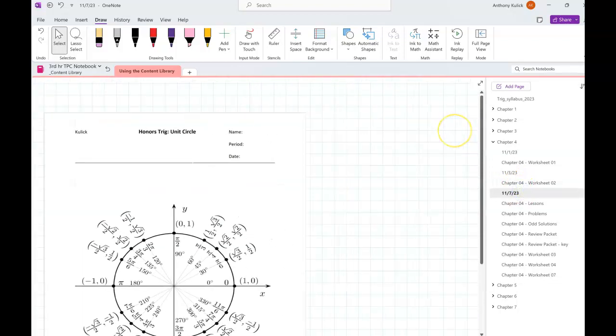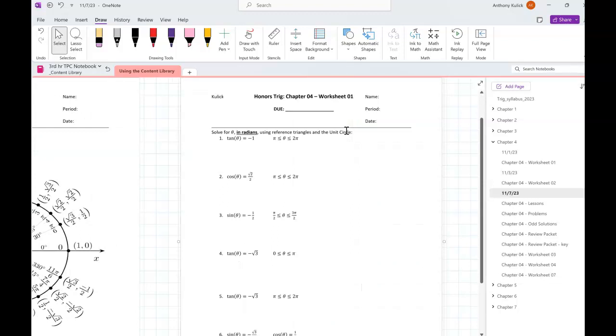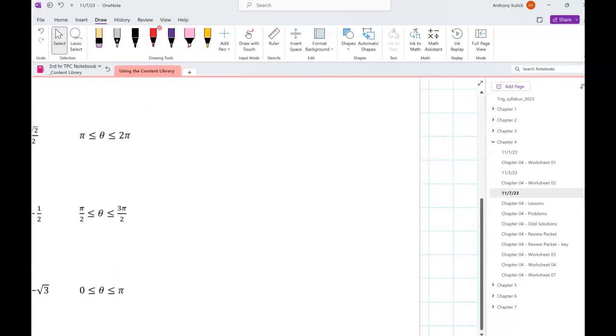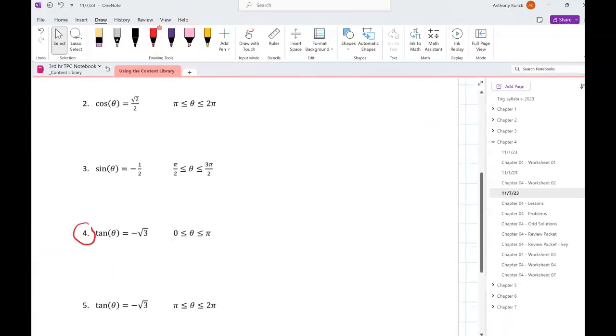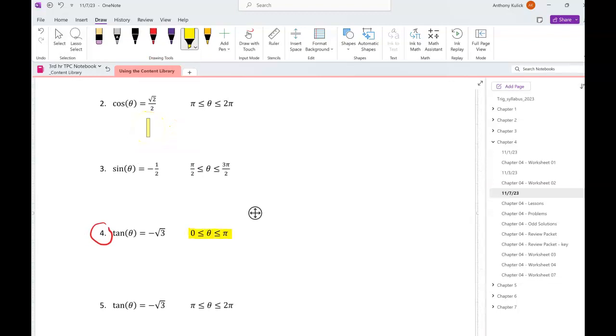All right. So for worksheet 1, I am going to be exclusively using my unit circle. The first thing I'm going to do is use the interval that it's given to figure out where on the unit circle I need to be looking.